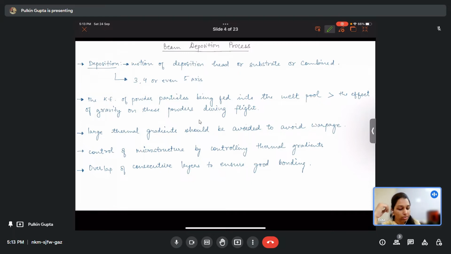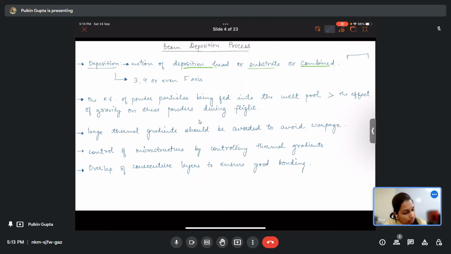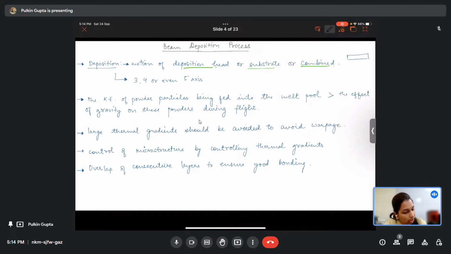So this deposition is controlled either by the motion of the deposition head, or by the motion of the substrate, or by a combined motion of both substrate and deposition head. Okay, so for example, this is your substrate and this is your deposition head.